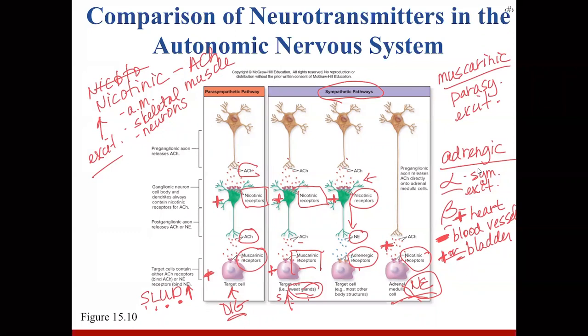Alphas are always going to turn things on, so they're always excitatory. If it binds to a beta, it depends on the type of beta receptor it is, so it could get turned on or it could get turned off. Does that help at all?